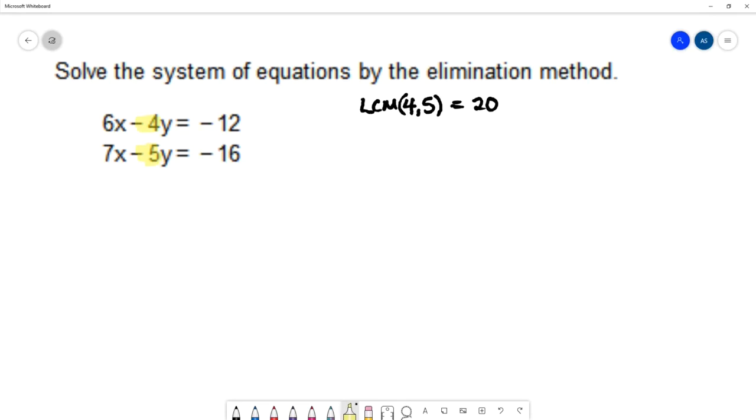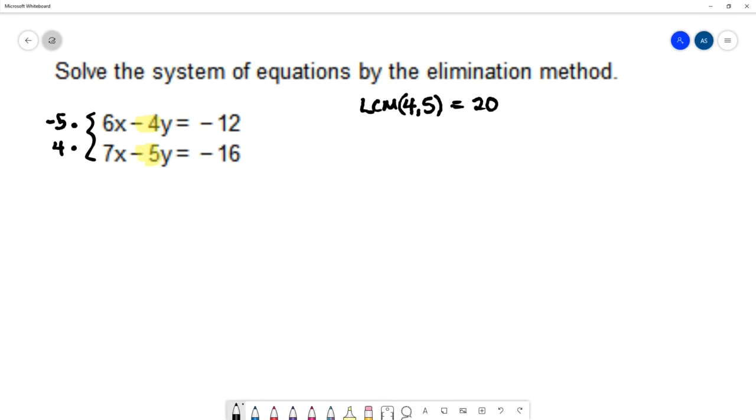We want to have one be positive 20 and one be negative 20. So let's let the first one be the positive 20. So I would need to multiply by negative 5 to get the positive 20. And let's make the second one be the negative 20. I would need a 4 to multiply by to get the negative 20.